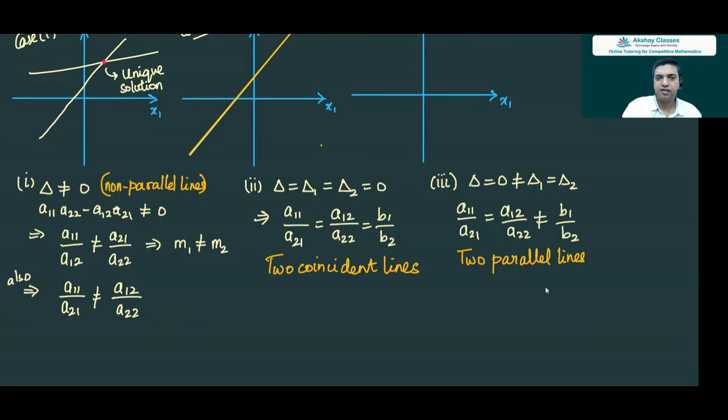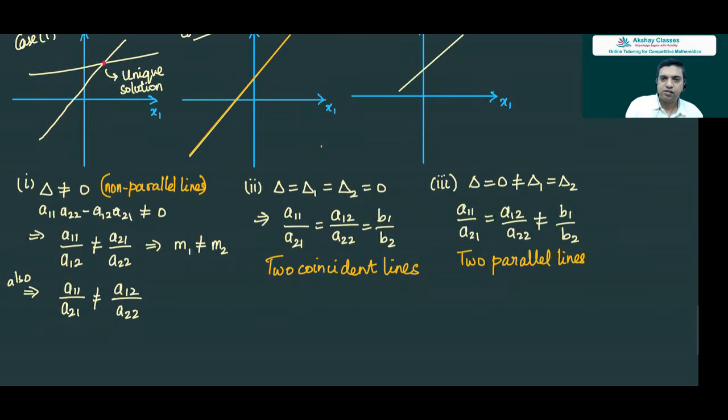Okay, two parallel lines. So this is the first line, and this is a second line. So two parallel lines, they will never intersect.